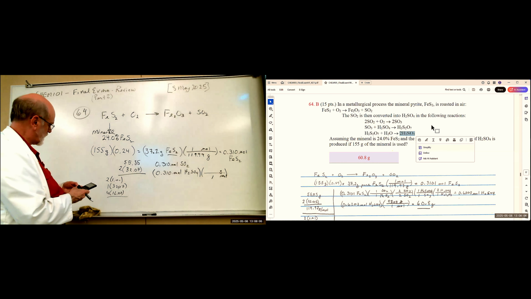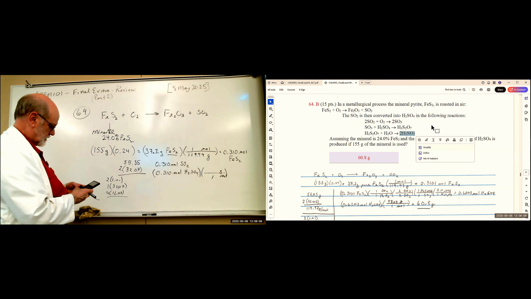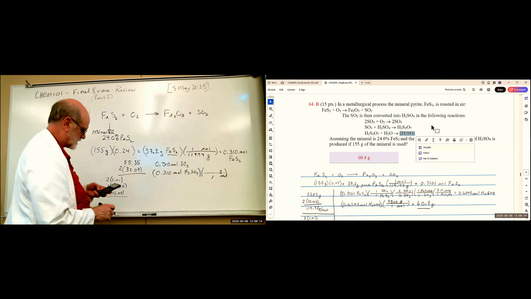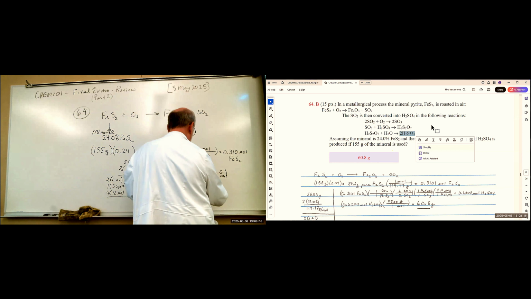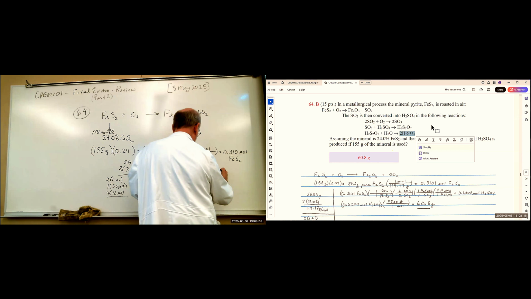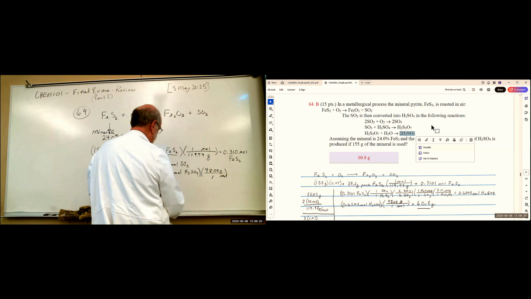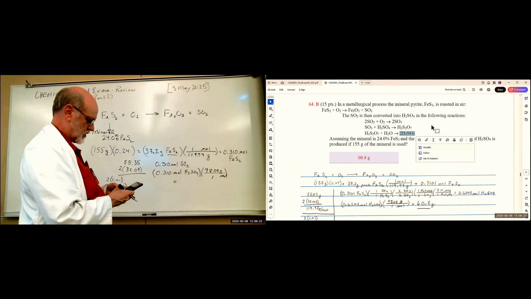So it's 64 for the oxygens, 32.07 for the sulfur, and 2.02 for the hydrogens. That's 98.09. Okay, times 0.31.